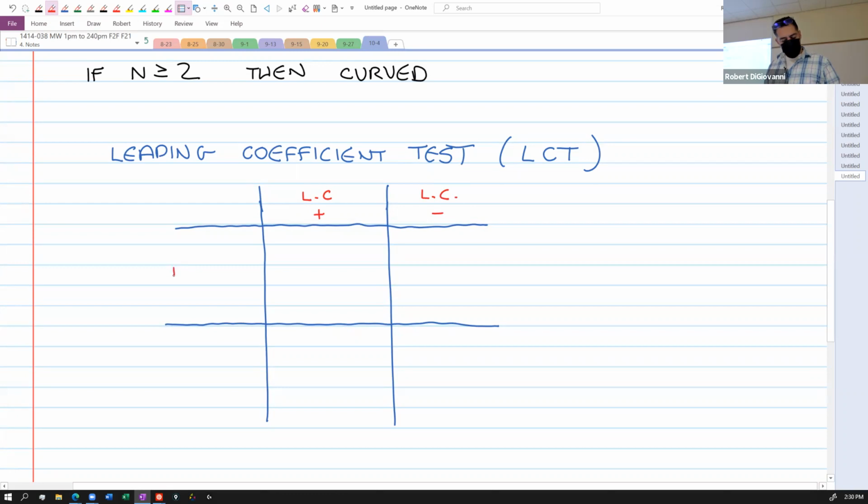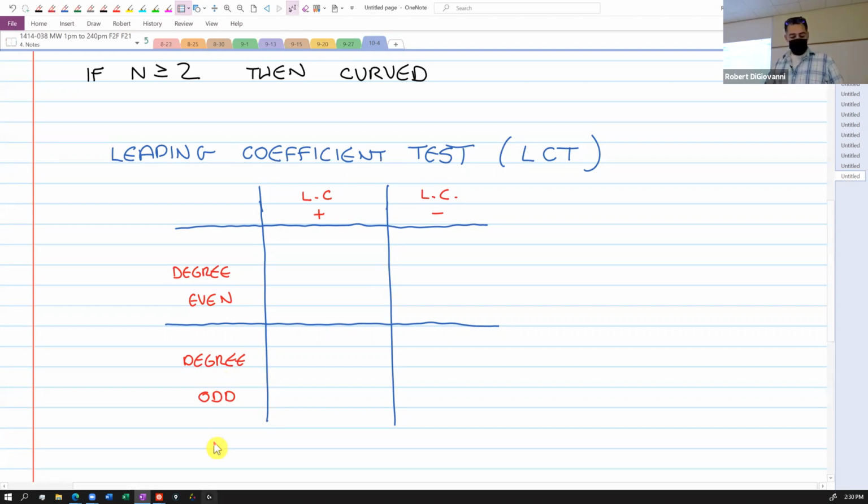Over here, I'm going to put degree even, degree odd. So think about any polynomial I give you. You should be able to look at the degree and just tell me what the number is. That number is either going to be even or odd. And then the number in front of that, that leading coefficient, is either going to be positive or negative. So this table will tell you what happens in each case.